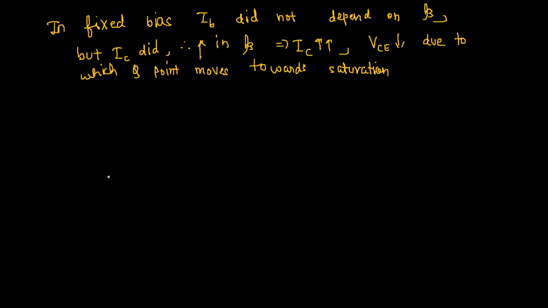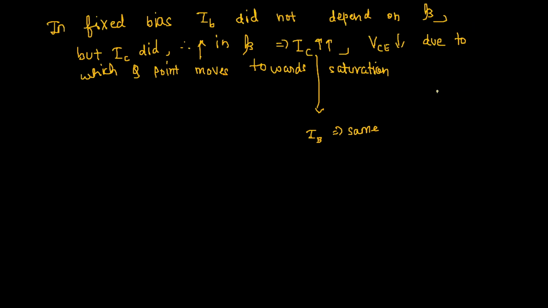So what happens is, when there is an increase in temperature, the value of beta increases, due to which your collector current increases, but your base current remains the same. Because of this, your collector emitter voltage tends to fall back a lot. It tends to reduce a lot.